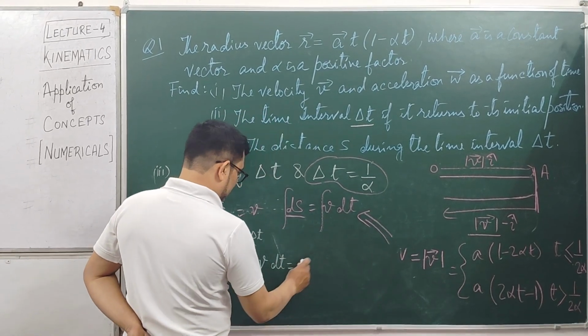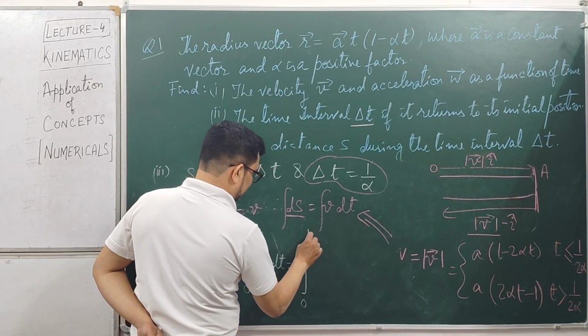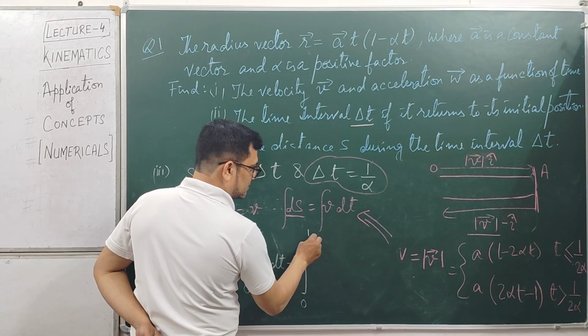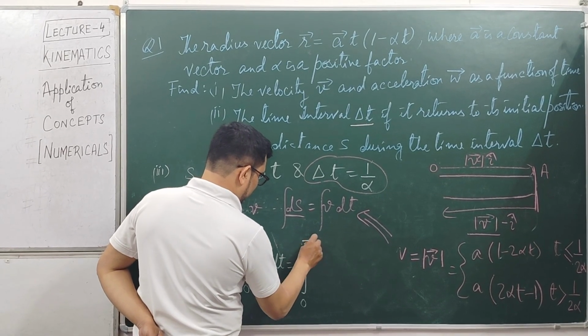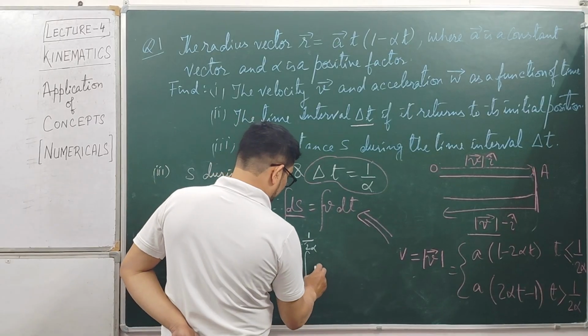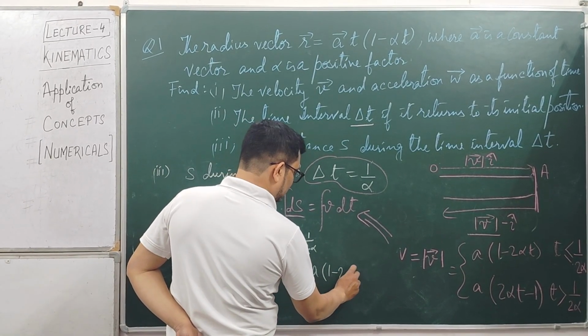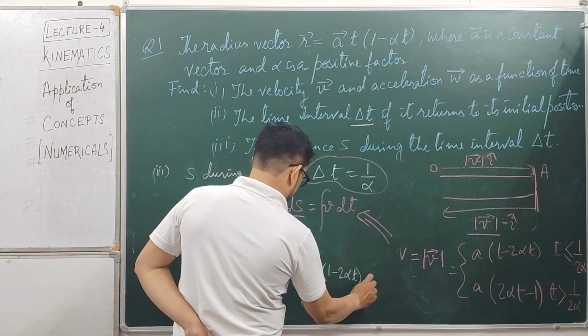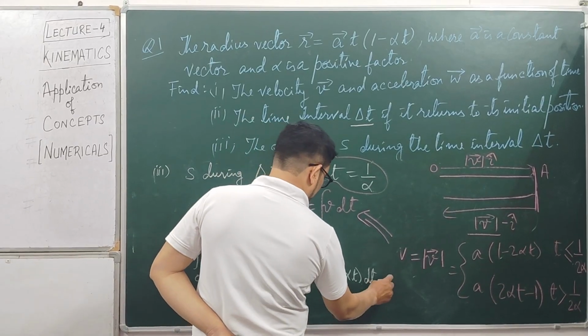So this shows that it is from 0 to half of the time, that is 1 by 2α. We have the function which is the top one, a(1 - 2αt) dt. So the v is this and everything remains same.